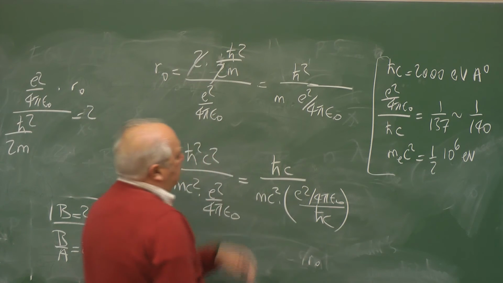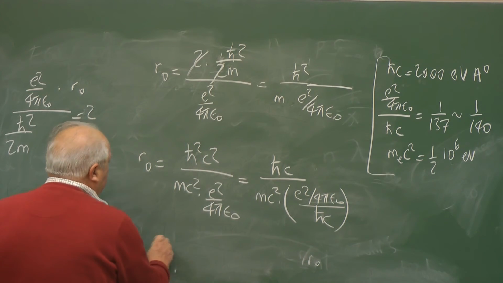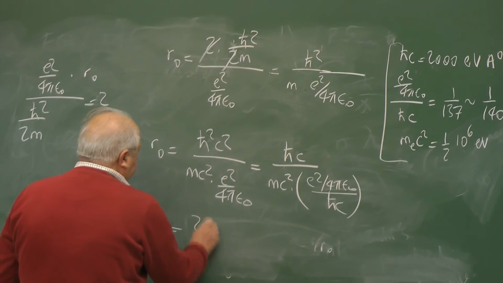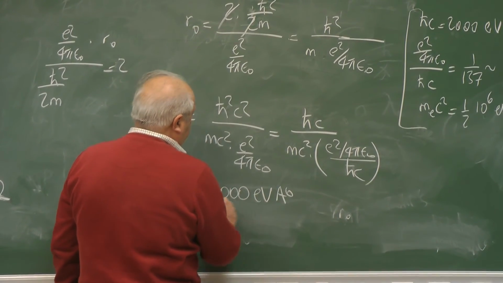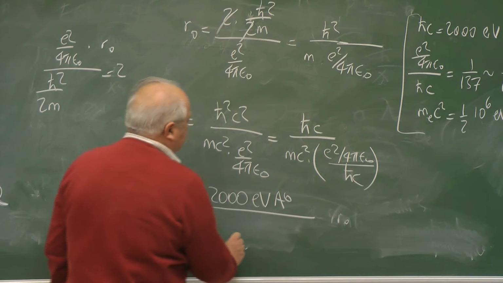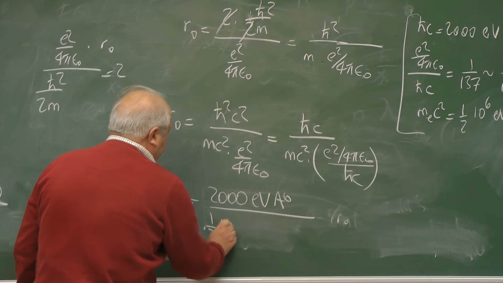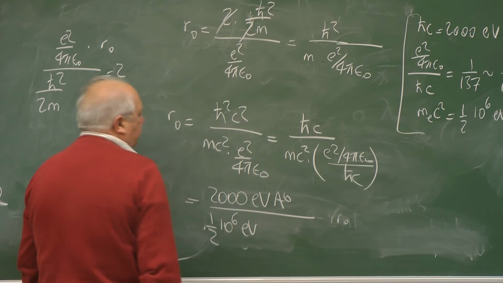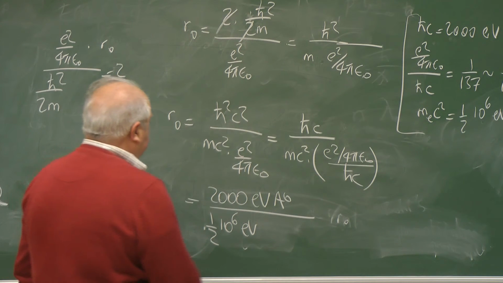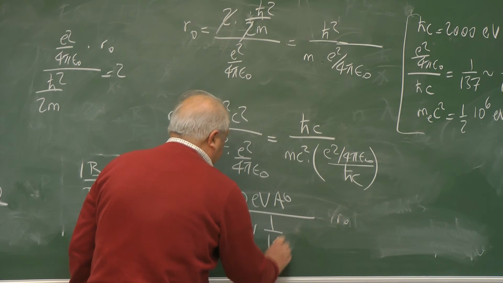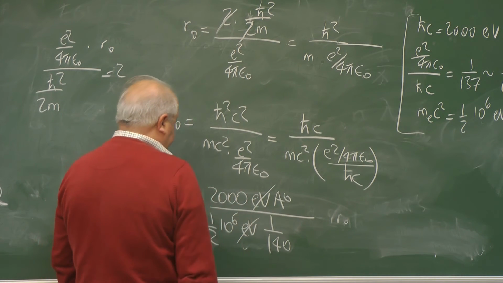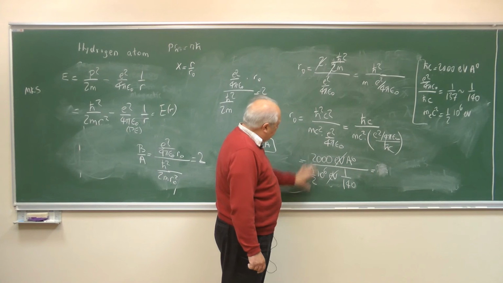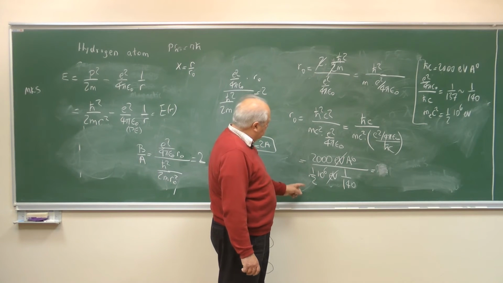And now I plug in from the table. That's equal to 2000 electron volt angstroms divided by m c square, that's 1/2 times 10 to the 6 electron volts, times 1 over 140, let's say. So electron volts cancel. We are left with angstroms. Then we have to do this numerics.